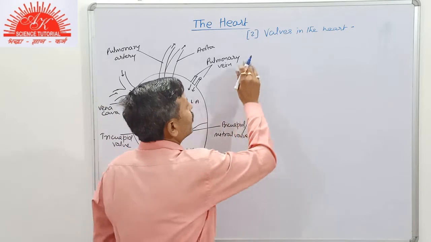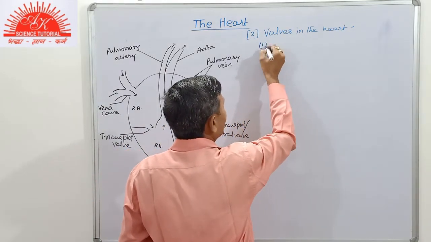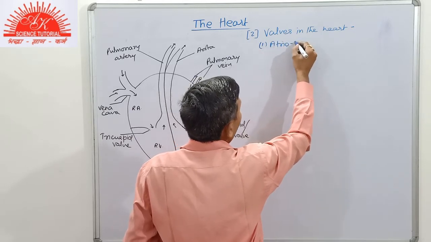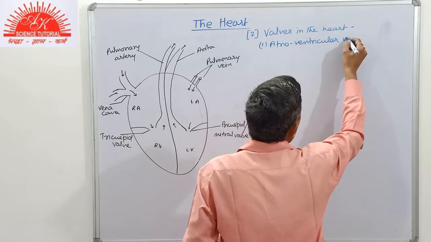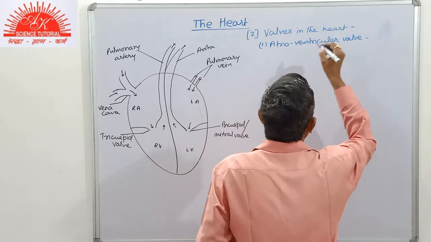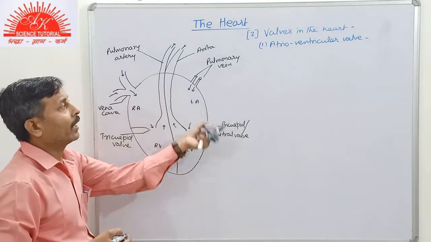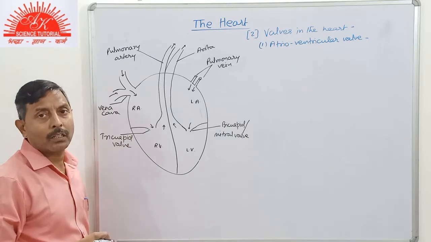So the first part we write here is the atrioventricular valve. As the name suggests, we can also write auriculoventricular valve, that is between auricle and ventricle.